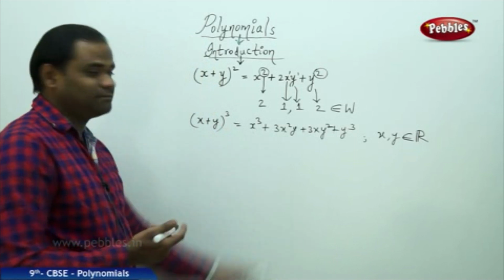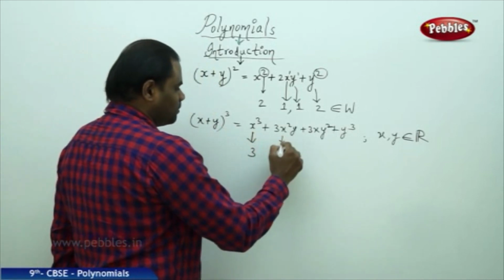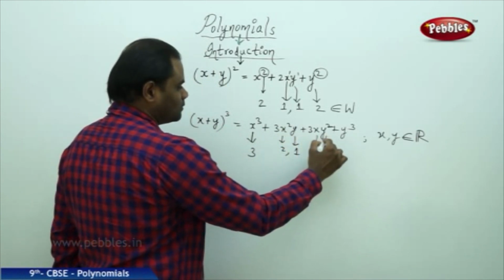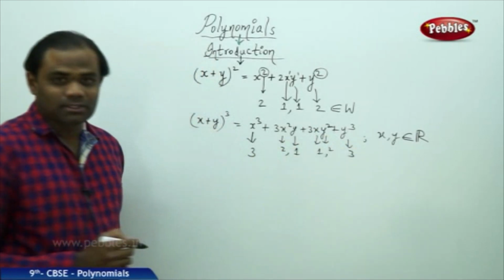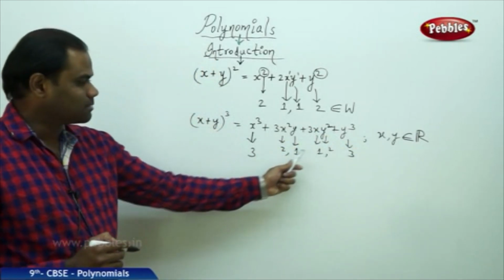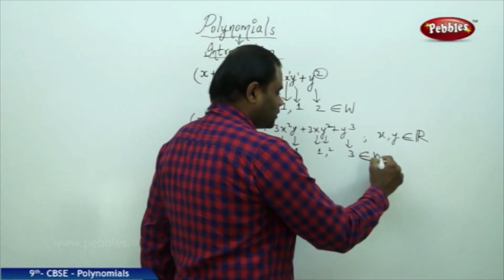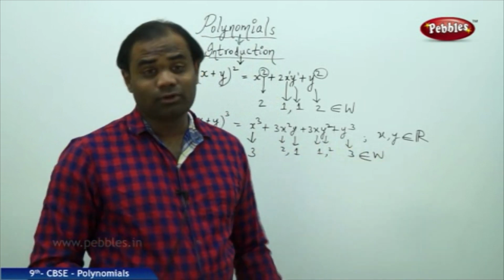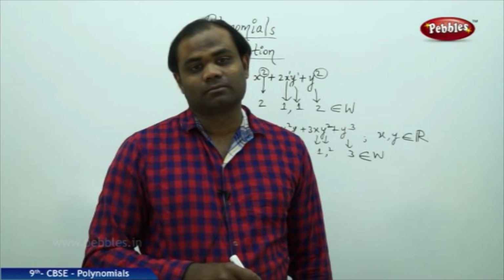So for example, here the power is 3, then 2, then 1, then 1, then 2, and then 3. I notice that each of the variables has powers which are whole numbers, and therefore, these belonging to the whole numbers makes the whole expression given here a polynomial.